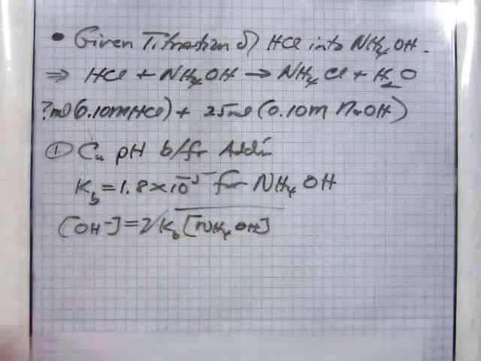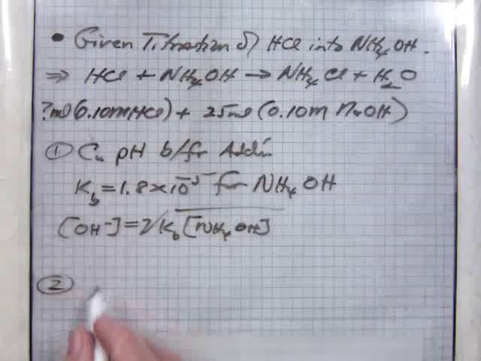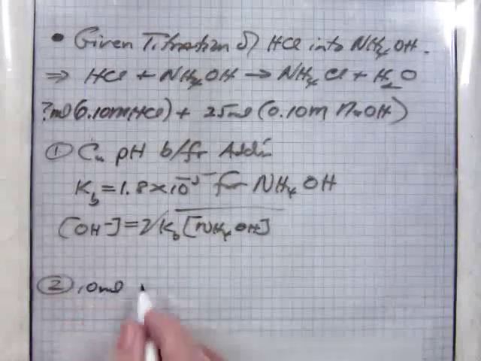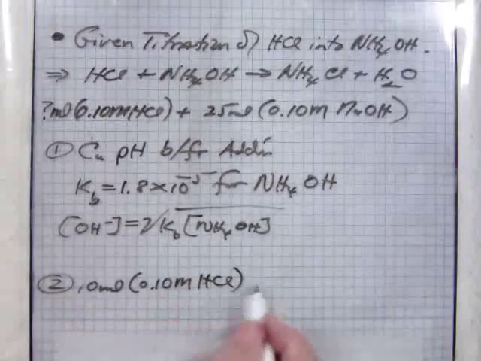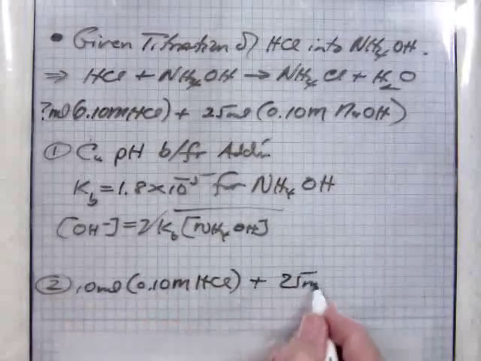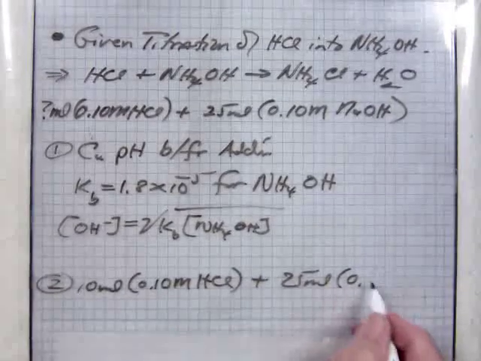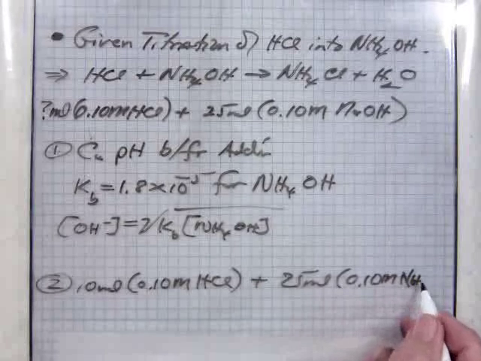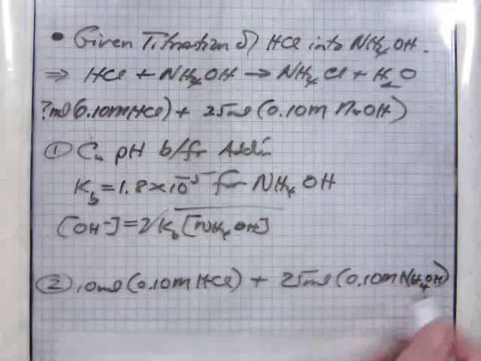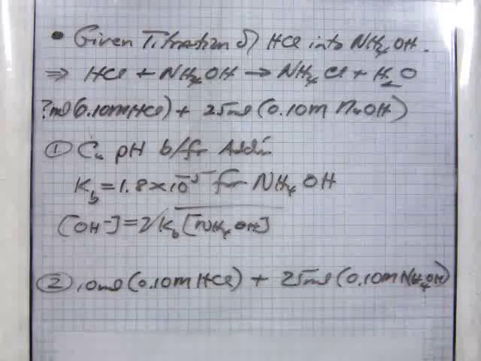Then set up second titration, 10 milliliters of 0.10 molar HCl plus 25 milliliters of 0.10 molar ammonium hydroxide. Just like we did. Convert to moles, find the excess.